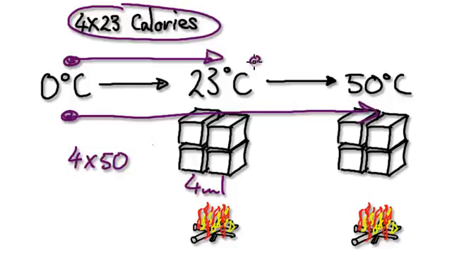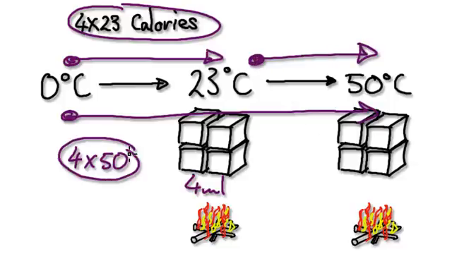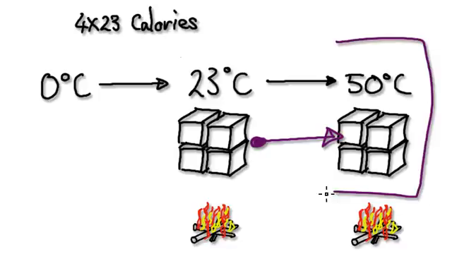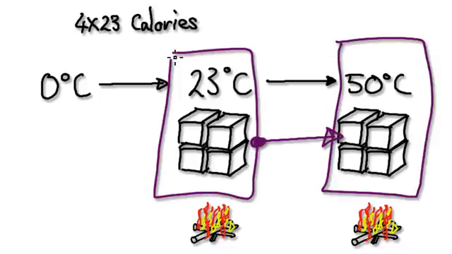So if we want to know from here to here, then we can just get this, take away this. The point I'm trying to make is that if you want to know the amount of energy needed from here to here, then you can just get this, take away this.